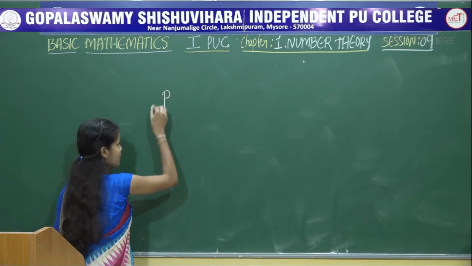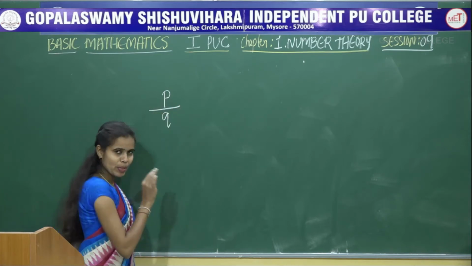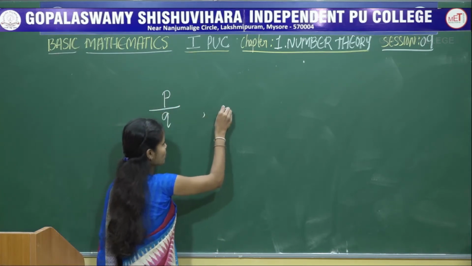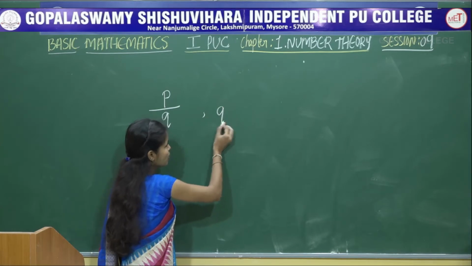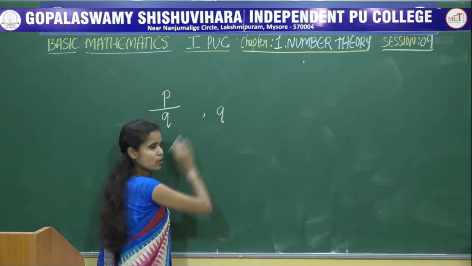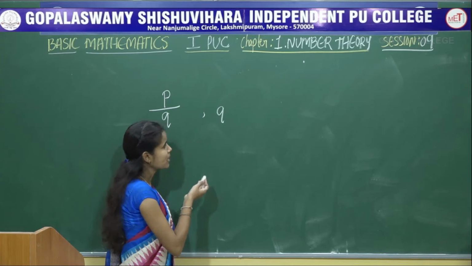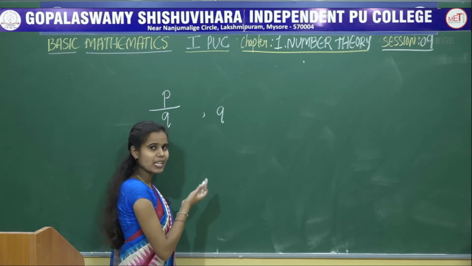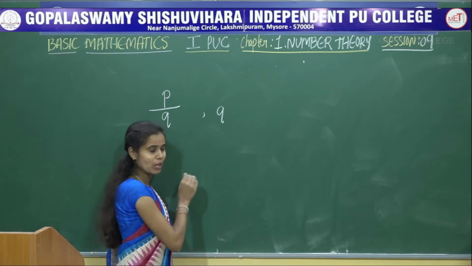Consider a rational number in the form of p by q. Consider the denominator q. The prime factorization is also called canonical representation or canonical form.